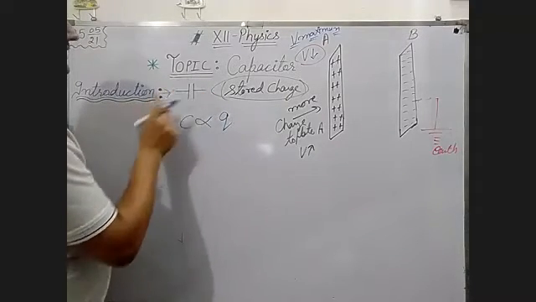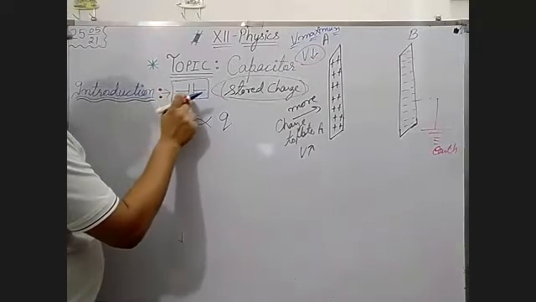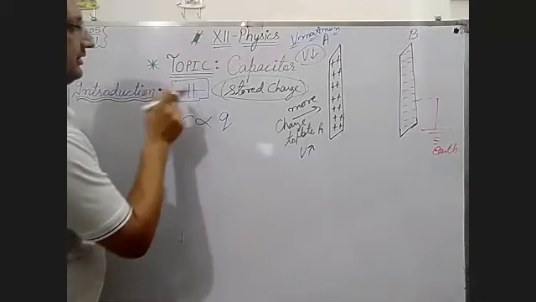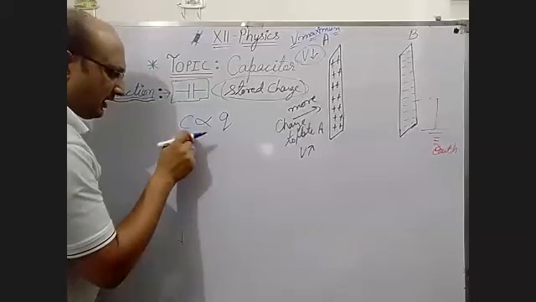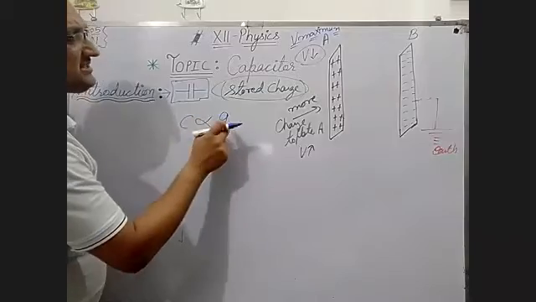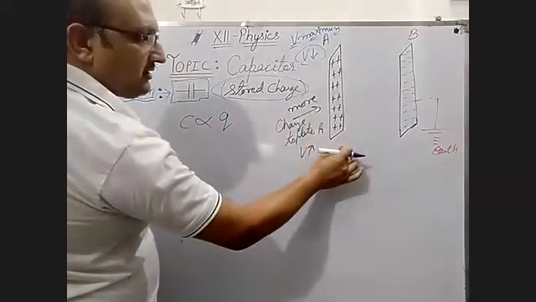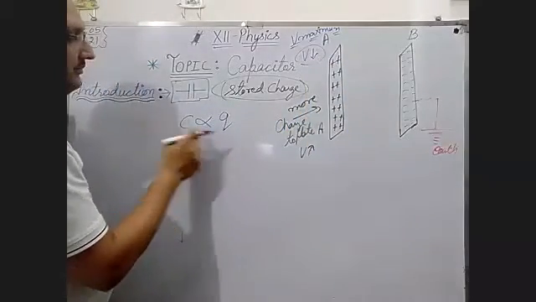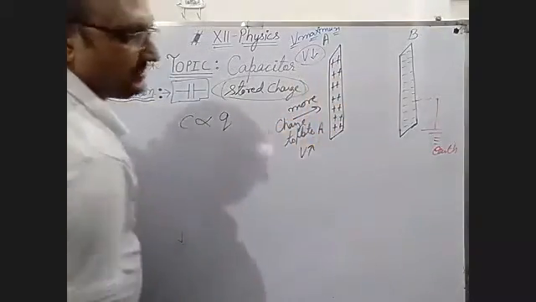Okay, in circuit diagram you can use capacitor symbol in this way, like resistor, battery. This is the symbol of capacitor. Mathematically, capacitance of a capacitor is always directly proportional to charge. How much charge is supplied to the plate A, this will be directly proportional to capacity of this capacitor.